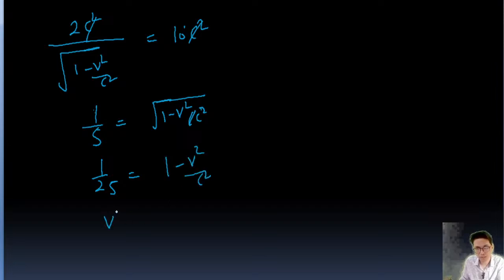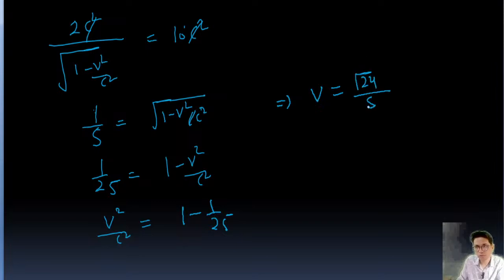So v square upon c square is going to be 1 minus 1 upon 25, which is 24 upon 25. So the value of v is root 24 upon 5, into c.